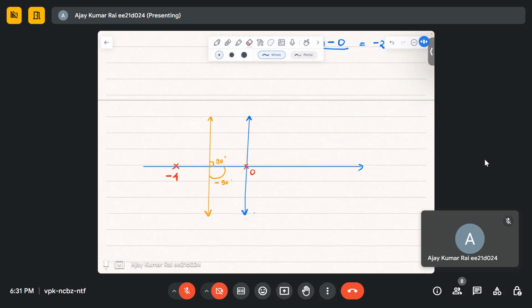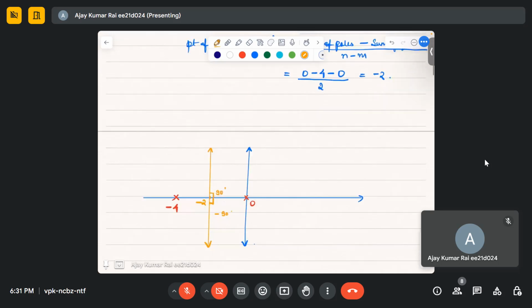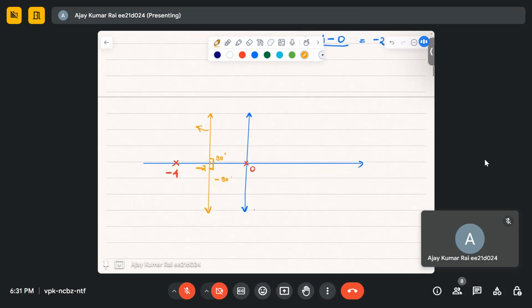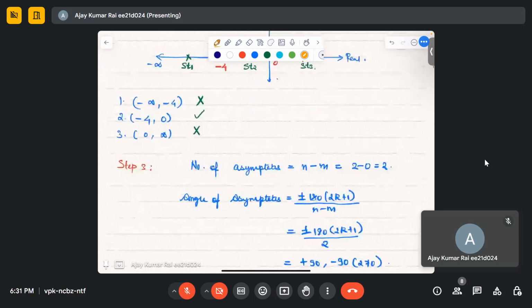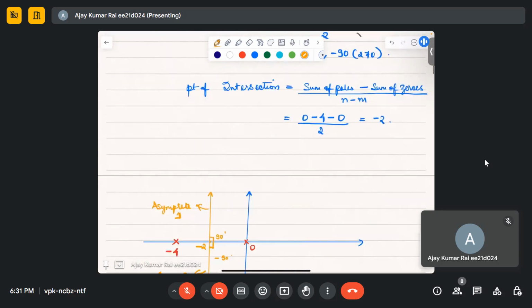Let me write this outside. This is asymptote number 1, and this is asymptote number 2. So we have covered up to step 3.